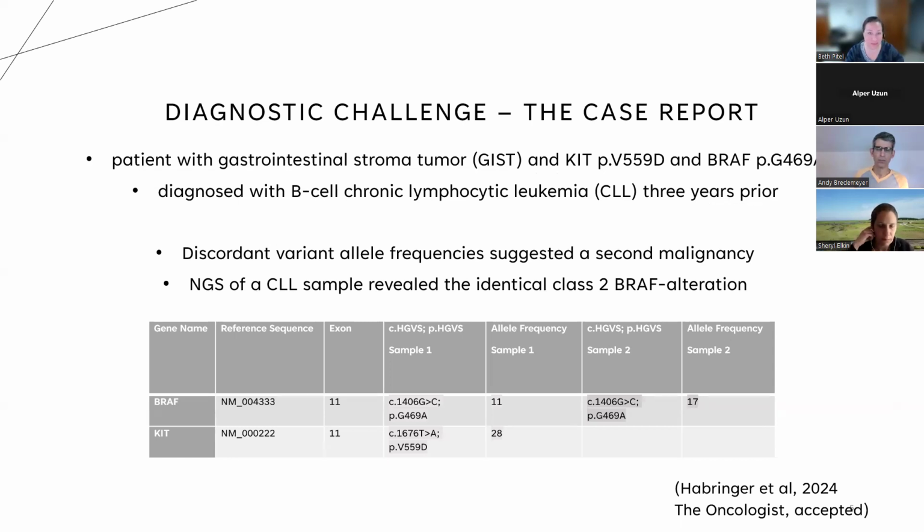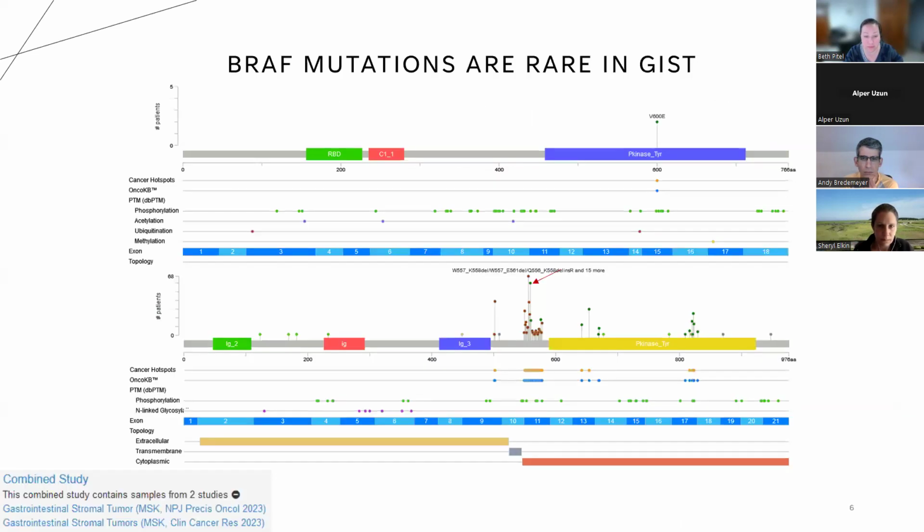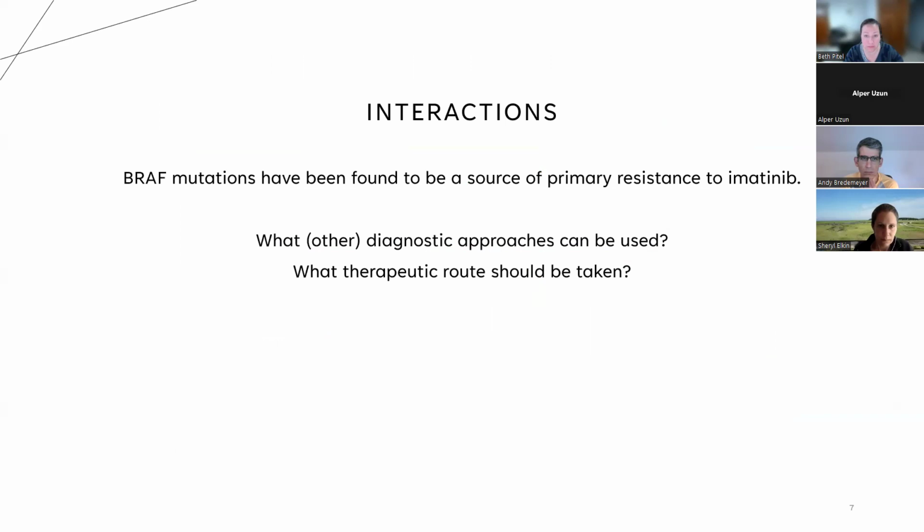But one question would be, is it possible to identify this blood tumor mixture in the sample with different techniques than through NGS analysis. And the second question is, if we have interactions like this, BRAF could actually be a source of primary resistance to imatinib.